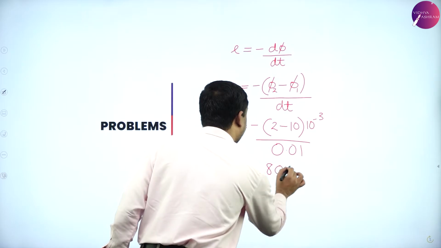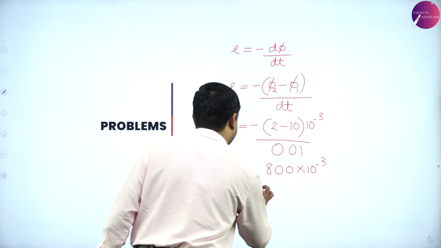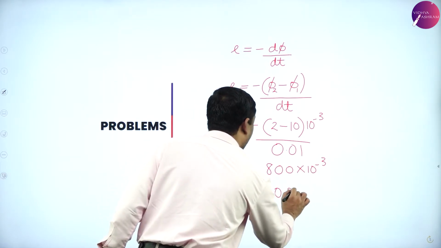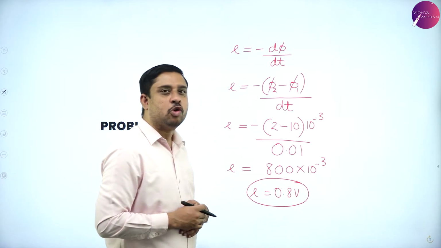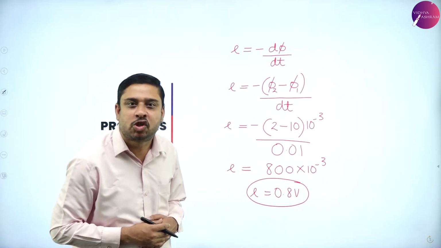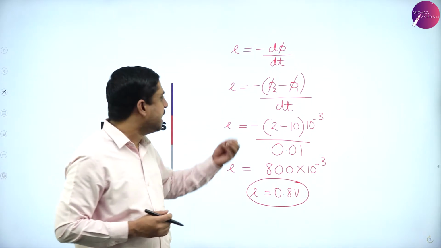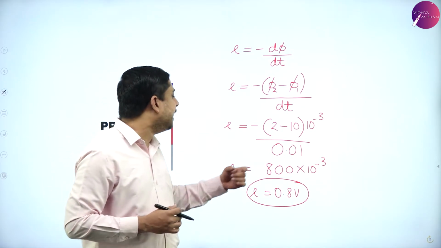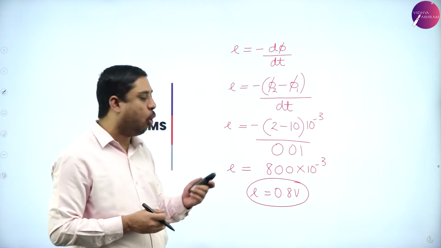So 800 into 10 power minus 3, or E equals 0.8 volts. So using Faraday's laws, substitution, simple simplification, E turns out to be 0.8 volt.